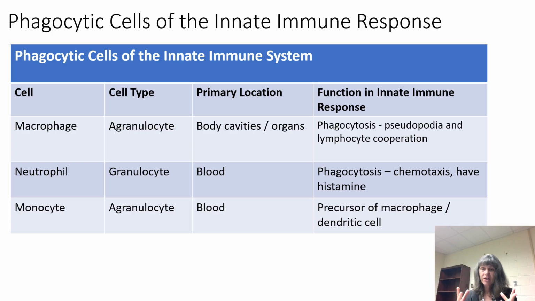Neutrophils have little grains in them when we look at them under the microscope, so therefore they are granulocytic cells or granulocytes. Those are found in the blood, and they are also involved in phagocytosis, and they come to the site of infection. They're one of the first types of cells to arrive at the site of infection, because when cells are damaged due to infection, they'll release chemicals, and chemotaxis is that movement of a cell towards different chemicals.